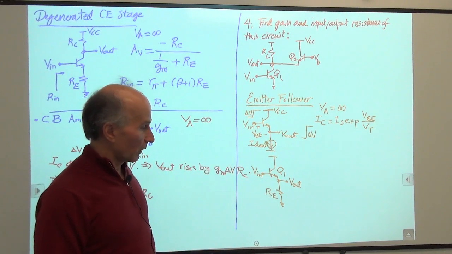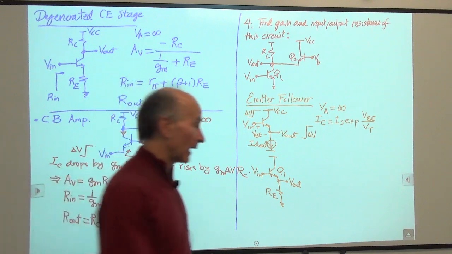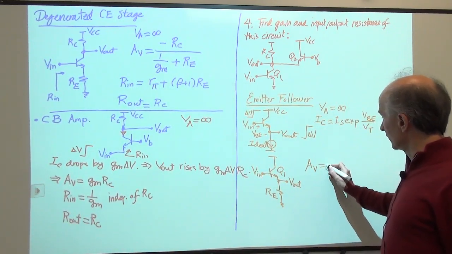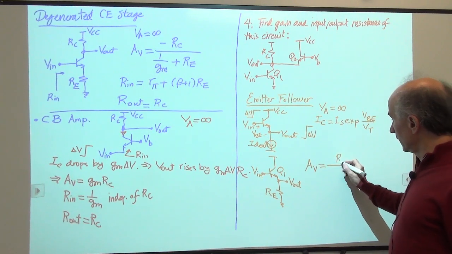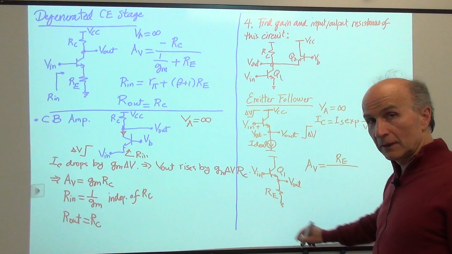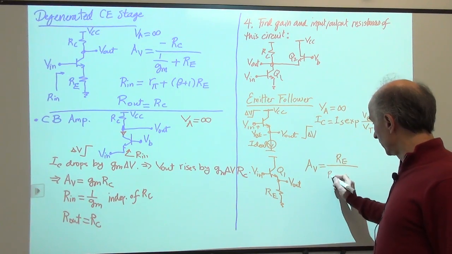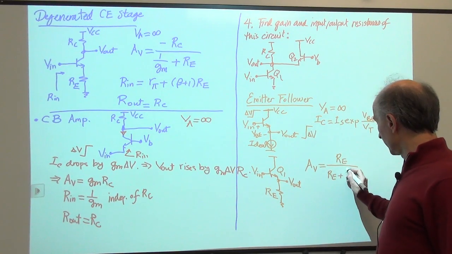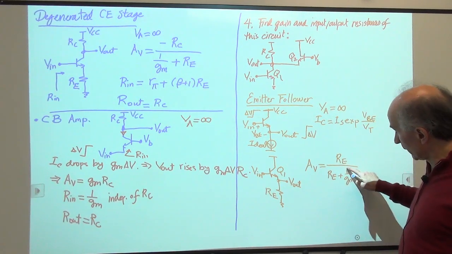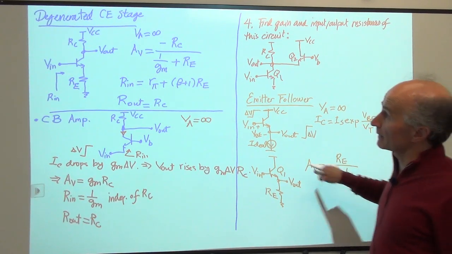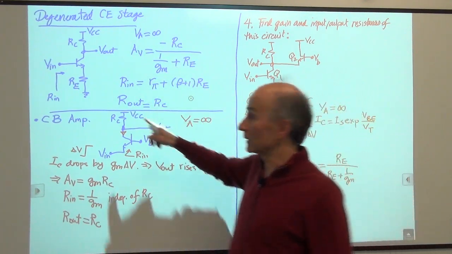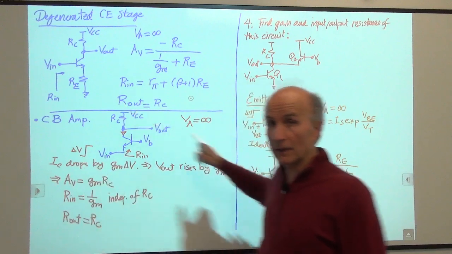So we know the voltage gain of the circuit from 115A. So we say AV is equal to RE, which is the resistance from emitter to AC ground, divided by RE plus 1 over GM. You might recognize this as this. So they have the same denominator, even though here the output is at the collector, here the output is at the emitter.